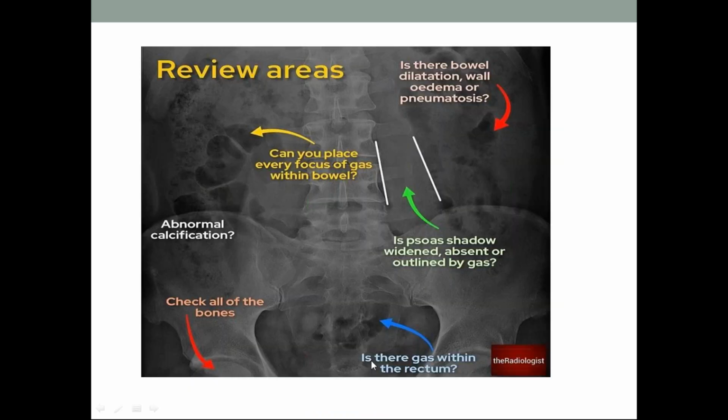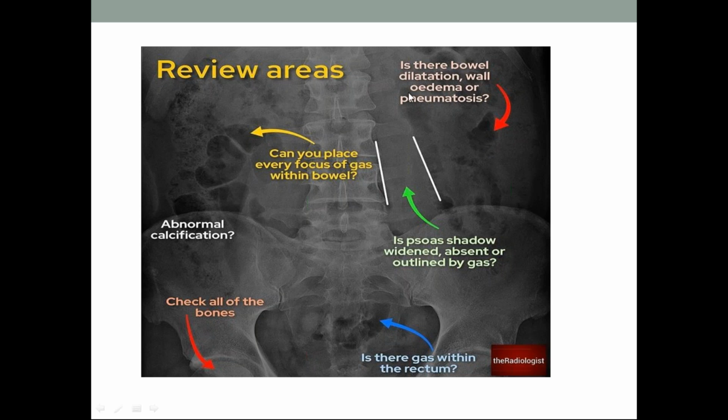And what are the review areas in the plain abdominal radiograph? First, we have to focus on the gas within the bowel or outside the bowel. We have to look for the gas pattern, or normal gas patterns, where we are finding the gas pattern. After that, we look for any dilatation of the bowel, any edema of the bowel wall, or any pneumatosis, which means gas within the bowel wall.